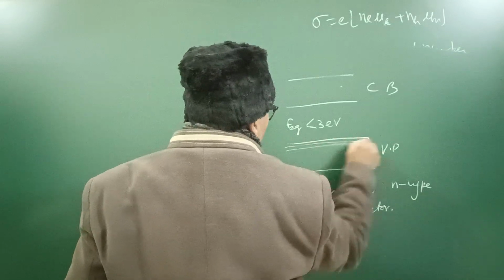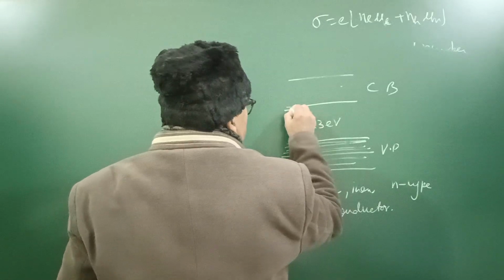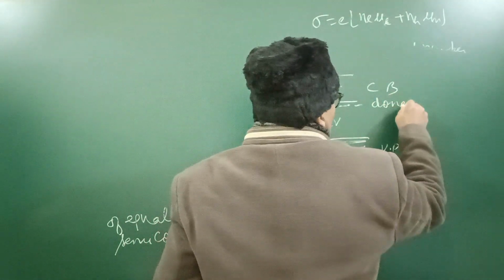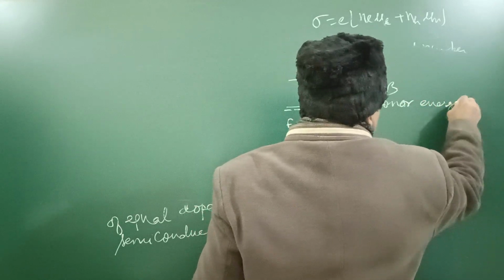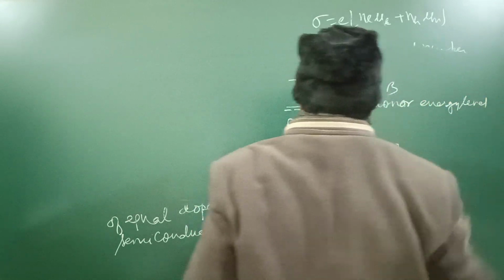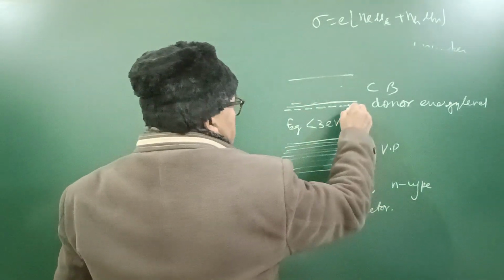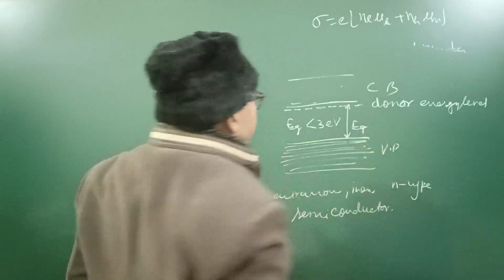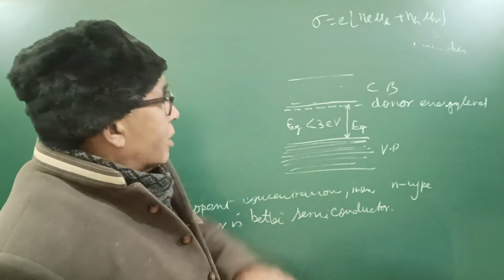Now when you dope it with a pentavalent atom, the energy level of the donor atom, that is the donor energy level, lies just below the lowest energy level of the conduction band. So now the energy gap is supposed to be this, because an electron can get this much energy from the electric field.